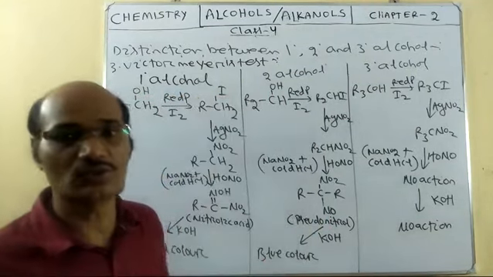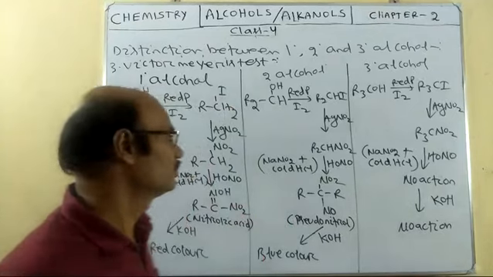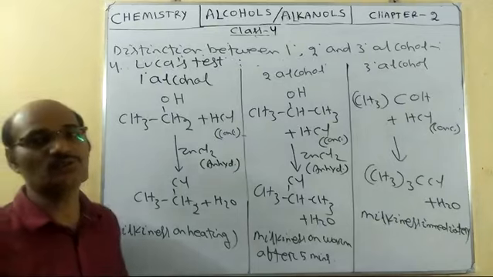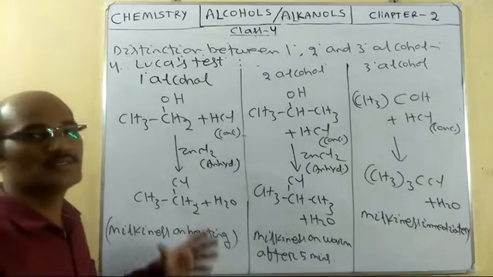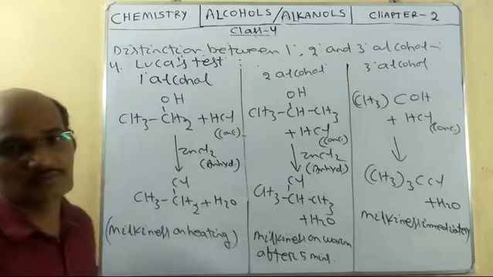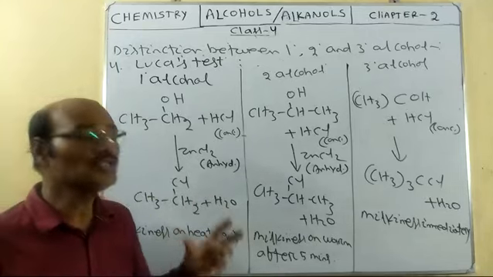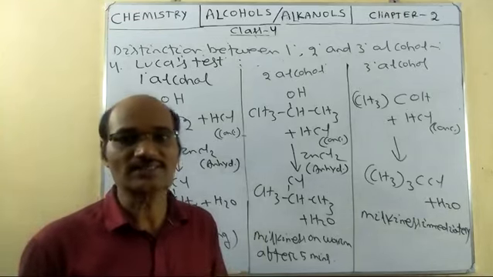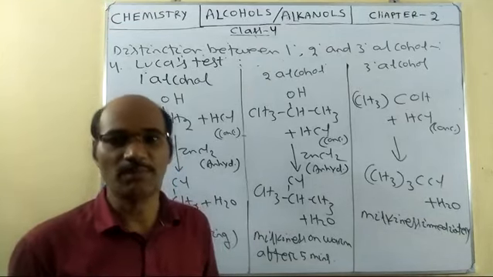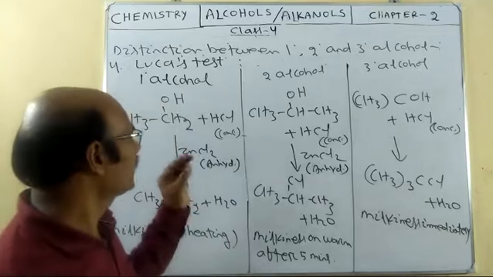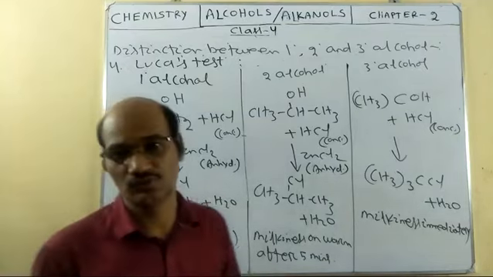Now the next method is your Lucas test. How can we distinguish primary, secondary and tertiary alcohol by the Lucas test? Here we are using a reagent called Lucas reagent, which is a mixture of concentrated HCl and anhydrous ZnCl2.